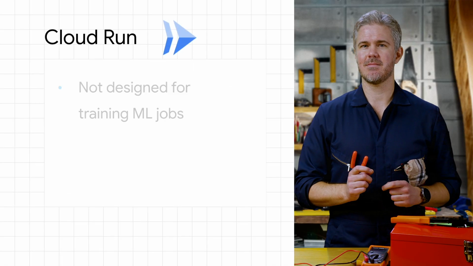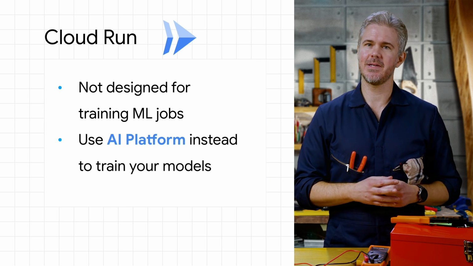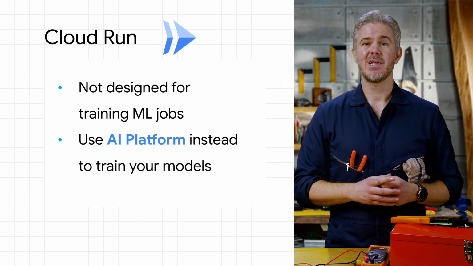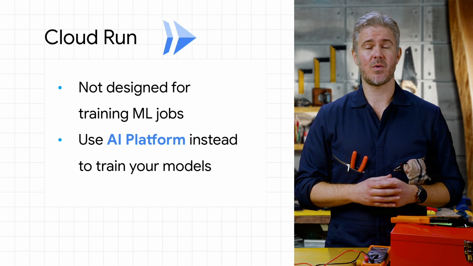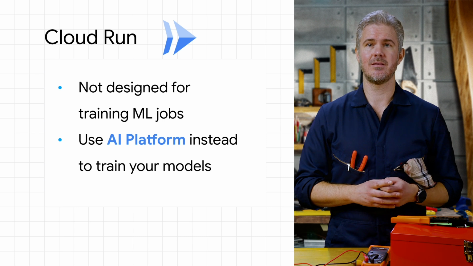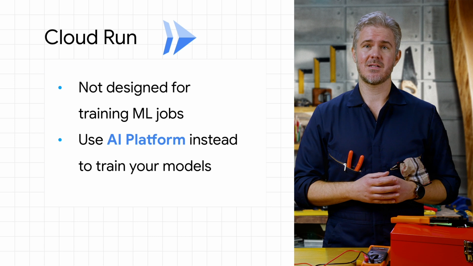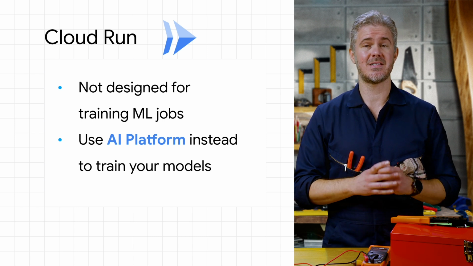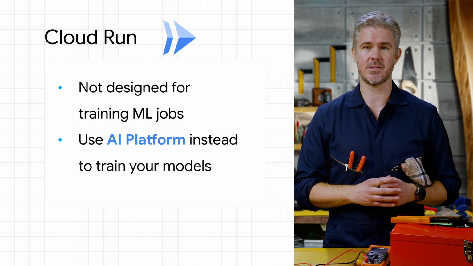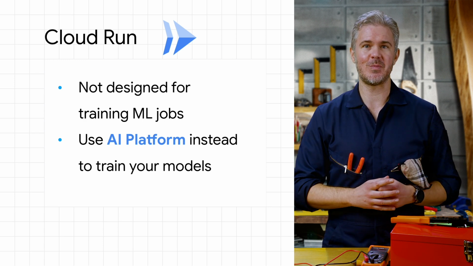Cloud Run currently has a max execution time of 15 minutes per request, so that's probably not long enough to retrain your model. Plus, the fully managed version doesn't support GPUs. You could try running Cloud Run on Google Kubernetes Engine, because you can add GPUs and tweak the hardware, but honestly, your best bet is to try something like AI Platform that's designed specifically for training your models. And it supports formats data scientists are familiar with, like Jupyter Notebooks.